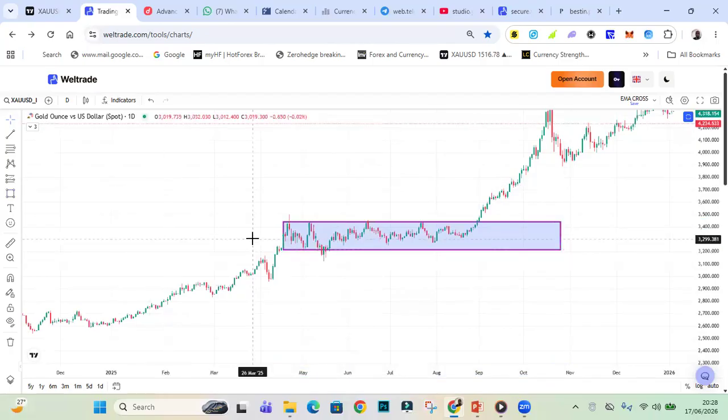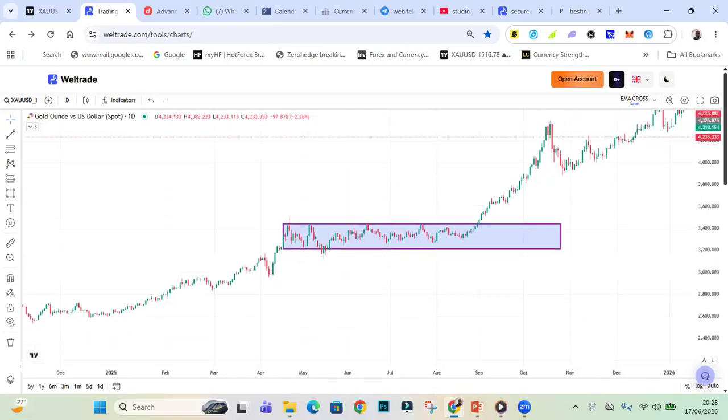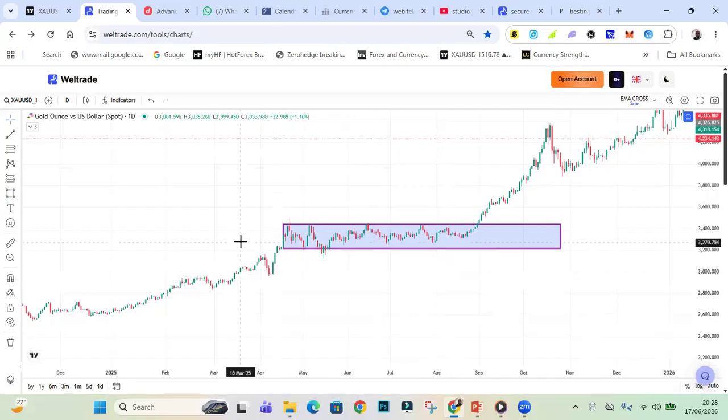So all right, this is actually the chart. First of all, we want to look at support and resistance. So what is support? What is resistance? First, I want to mark this place as resistance. Now, you also remember that resistance can also become support.